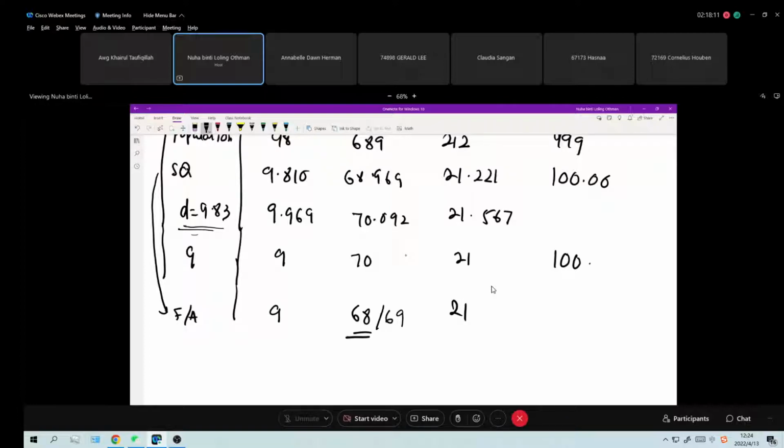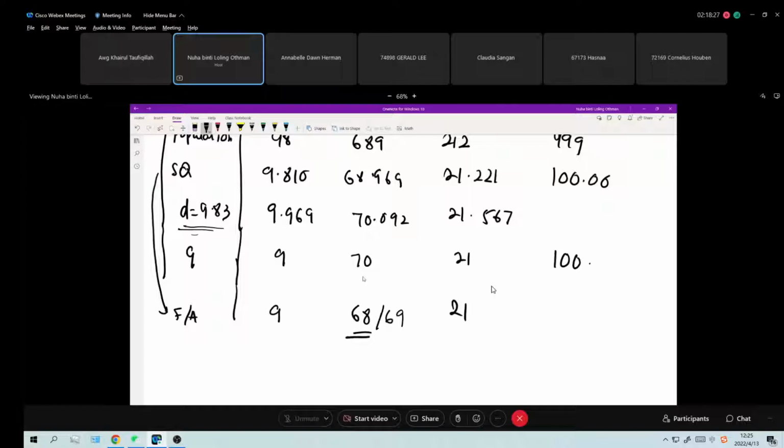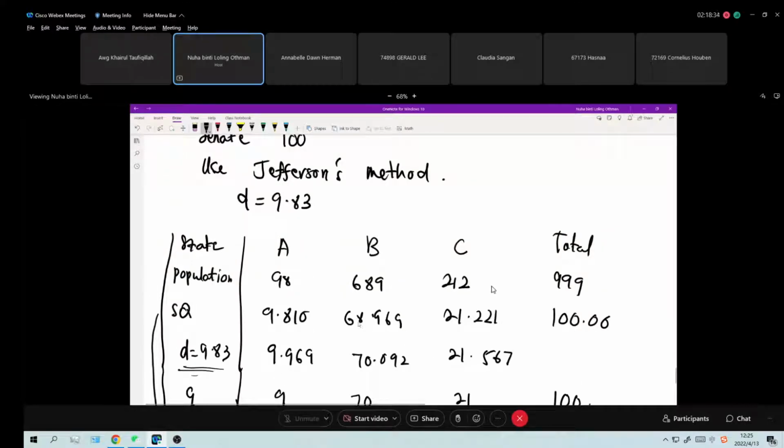So this is what we call quota rules violation. If we use upper, it should be 69. If we use lower, it should be 68. So it should only be 68 or 69. But if we use this Jefferson method with the modified divisor, department B gets 70.